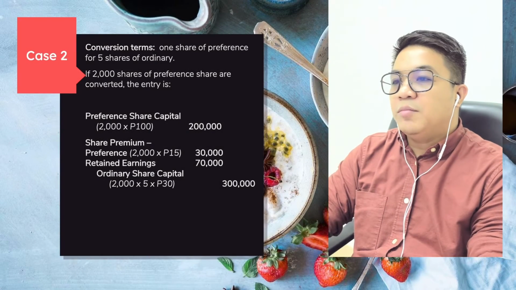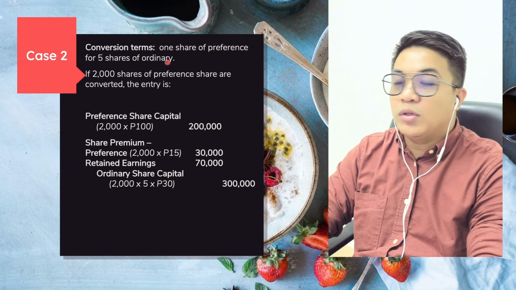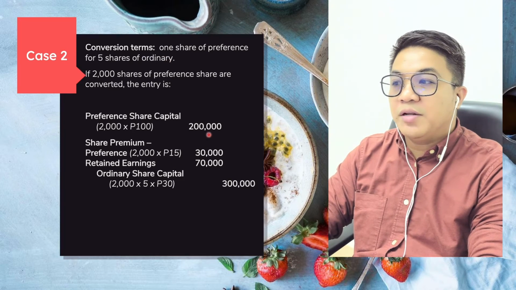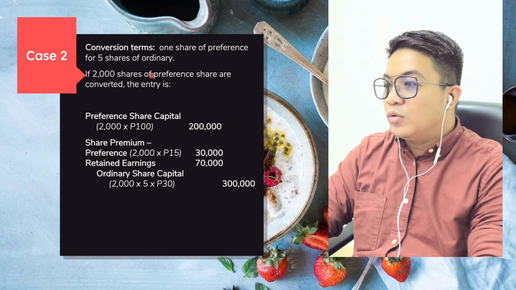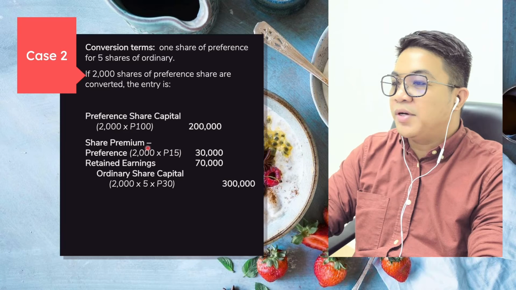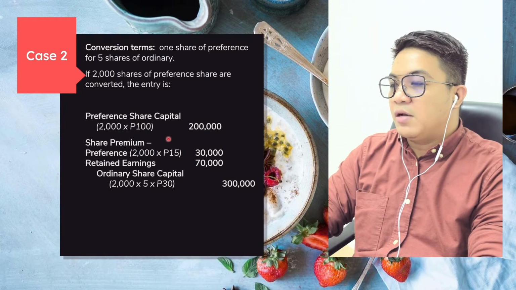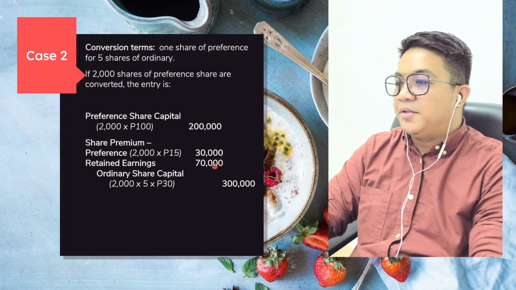Okay. Case number 2, what will happen if one share of preference is equal to 5 shares? So, earlier it was 3, right? But the conversion is 2,000 shares of preference share. So, let's compute. 2,000 times 100, that's 200,000. So, 2,000 again times 15, 30,000.